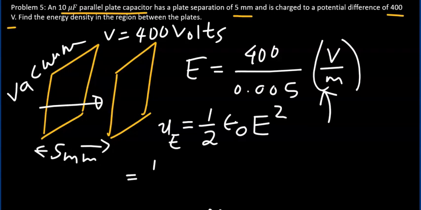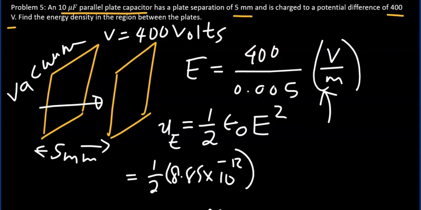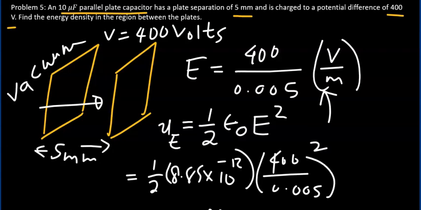So substituting the numbers, half 8.85 times 10 to the power minus 12 for permittivity of vacuum, times 400 over 0.005, do not forget to square it, and you will get the energy density in the region between the plates, and that will turn out to be 0.028 joules per cubic meter.